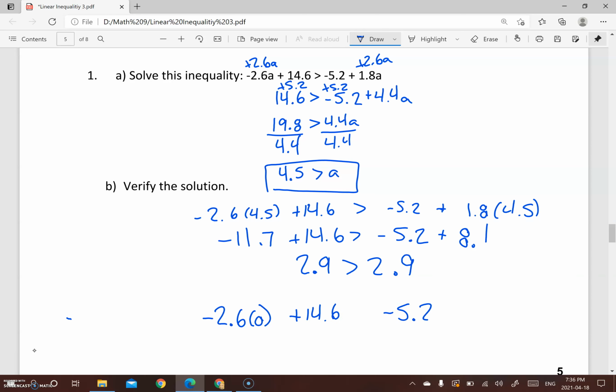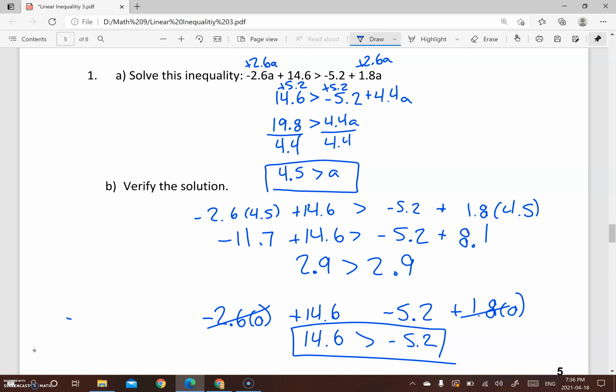I'm not going to put my symbol in yet because I'm going to make sure it reads true. Is 14.6 greater than negative 5.2? Yes. So that symbol stayed: the left side stayed greater than the right side.